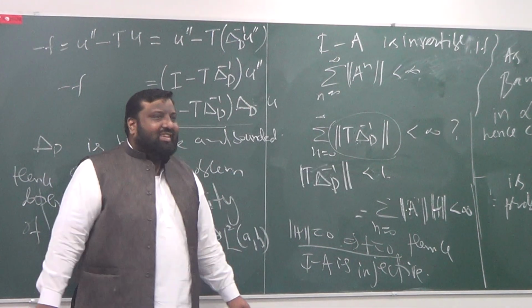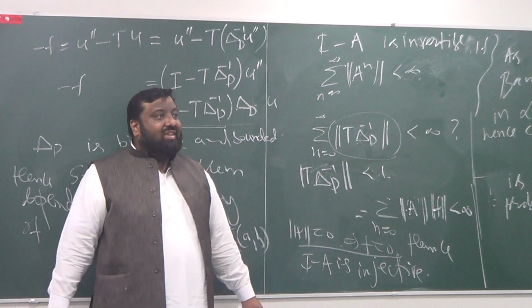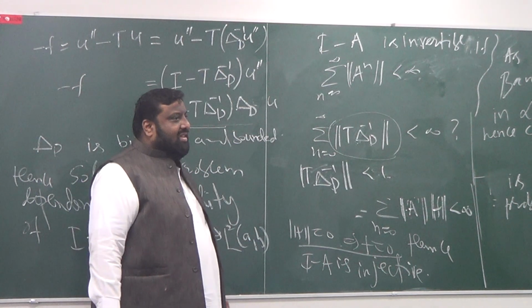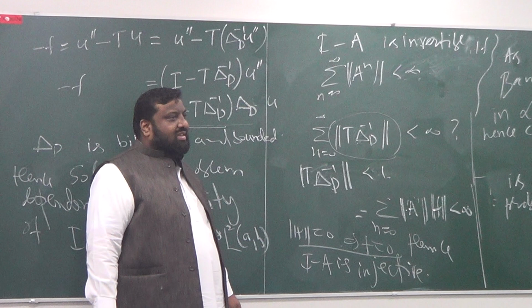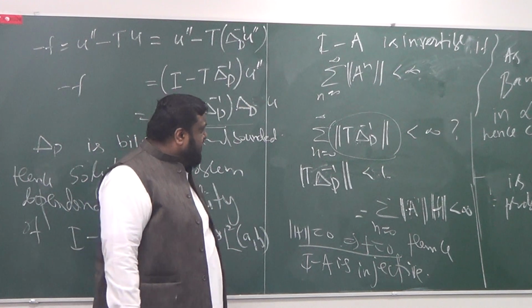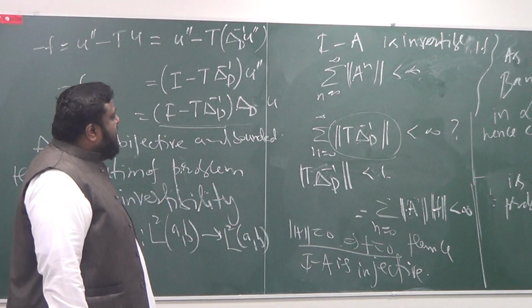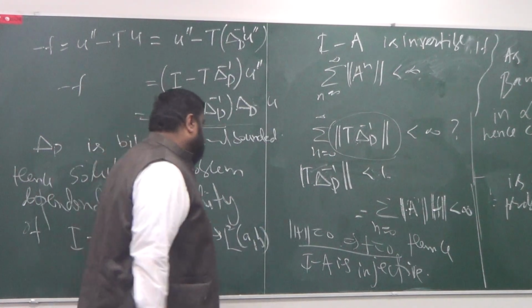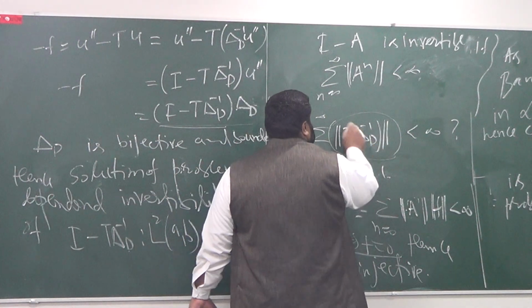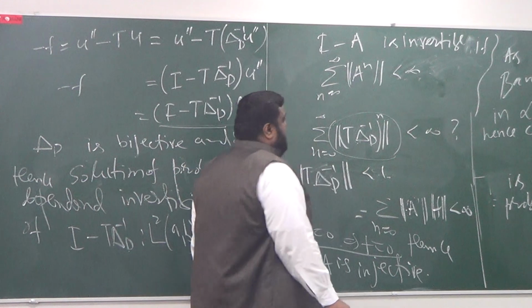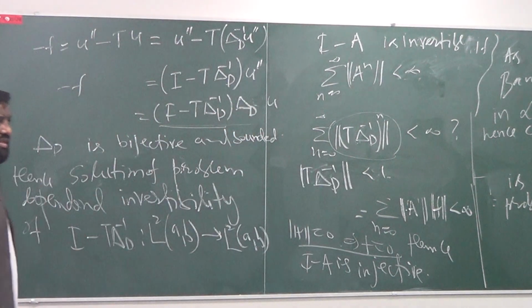Shouldn't it have a power n, like A to the power n? Yes, you are saying this must have a power n, so 1 over 2 to the power n.